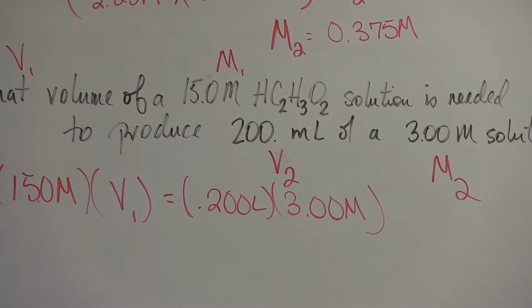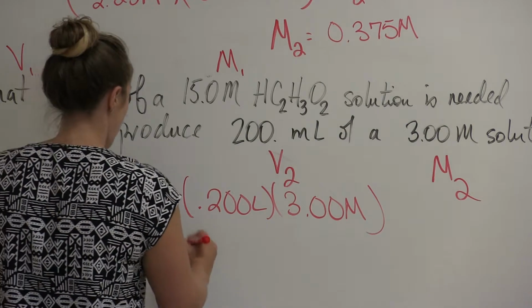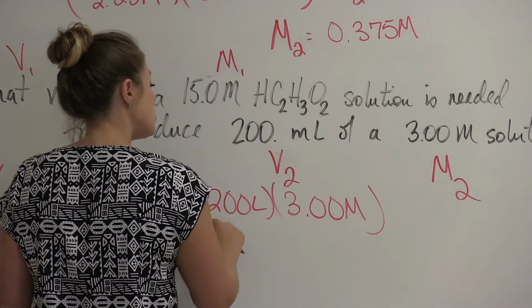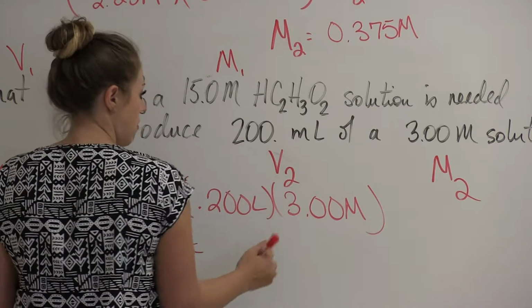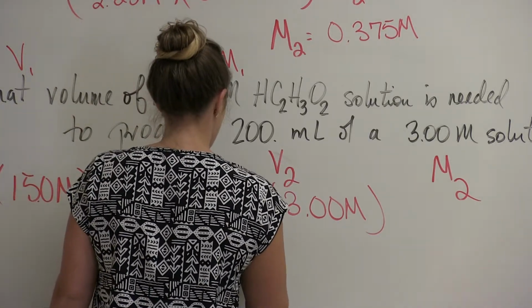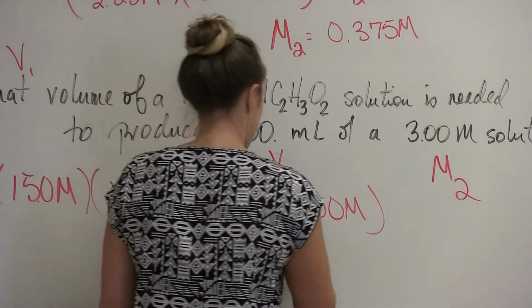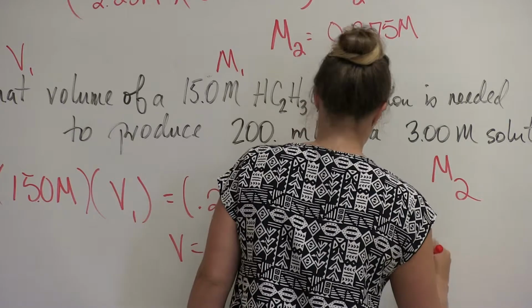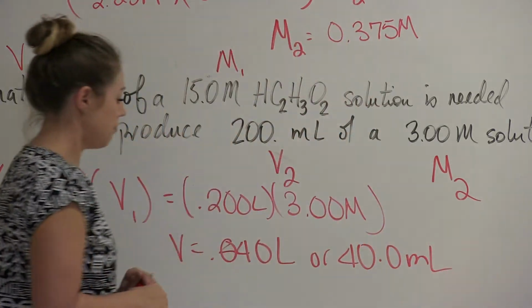To get V1 by itself, we're going to divide by 15 molar, and we will get that our volume needed to dilute it to 0.20 liters of a 3 molar solution will be 0.040 liters, or 40 milliliters.